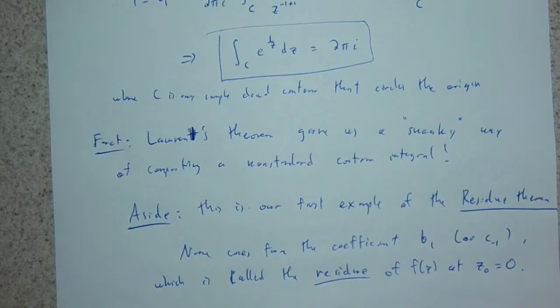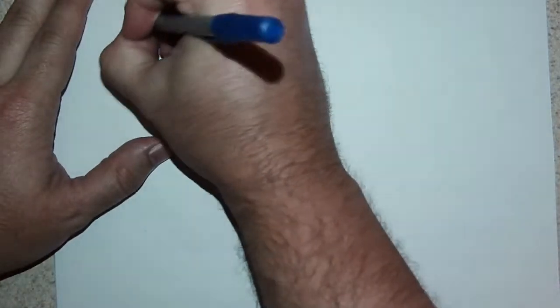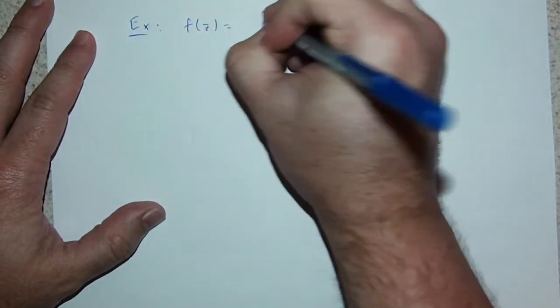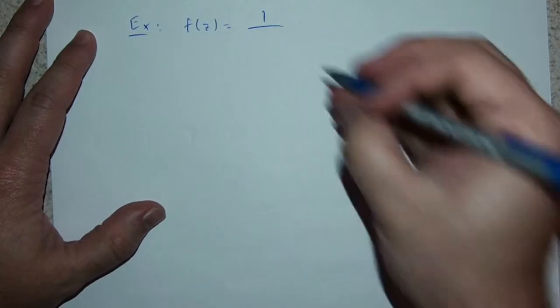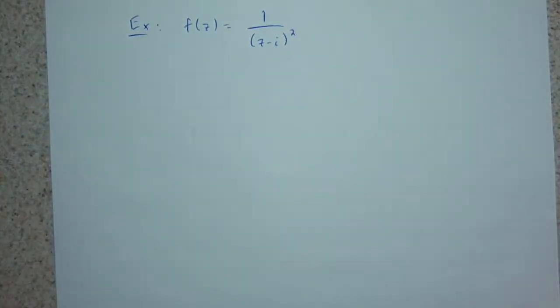Okay, so let's do another example. We're going to do a ton of examples like this. That was a good one to spend a decent amount of time on. Pick the function 1 over z minus i, all squared.